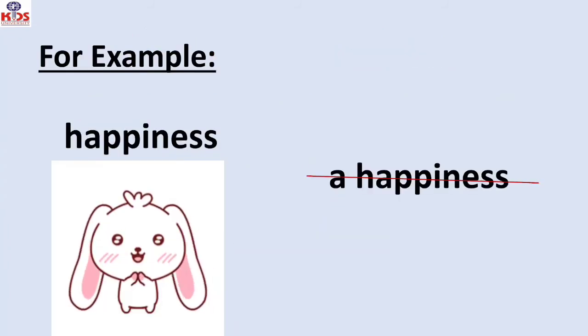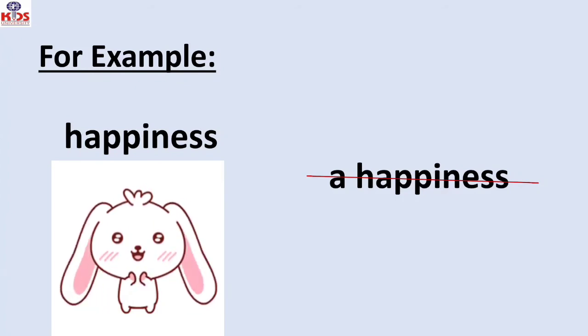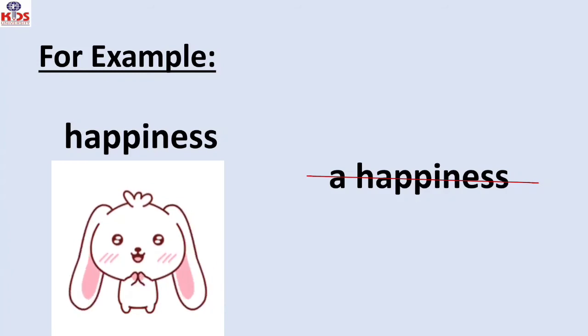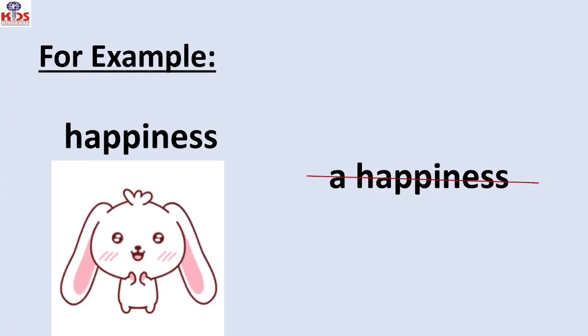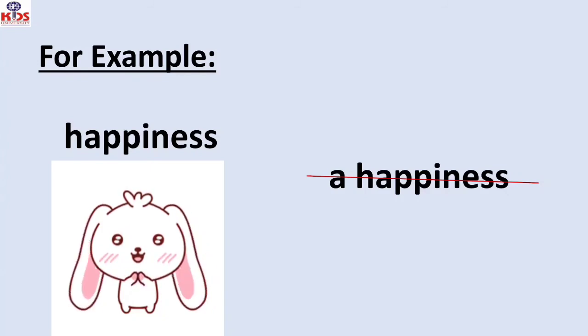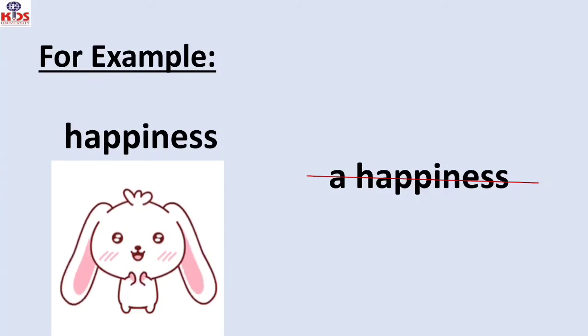For example, happiness. I do not say a happiness. We also don't add s or es in uncountable nouns. And the reason we don't add s or es is because an uncountable noun is something that you cannot count.